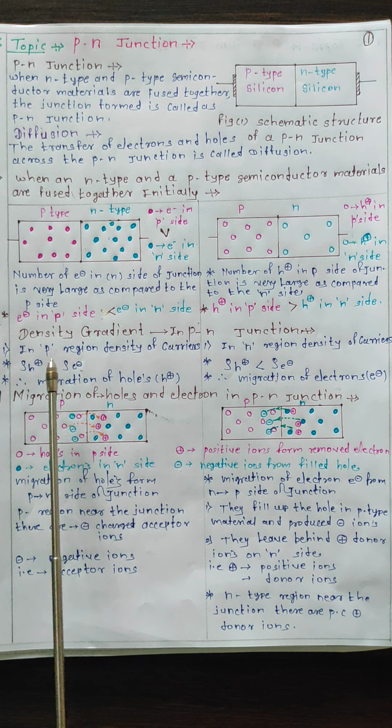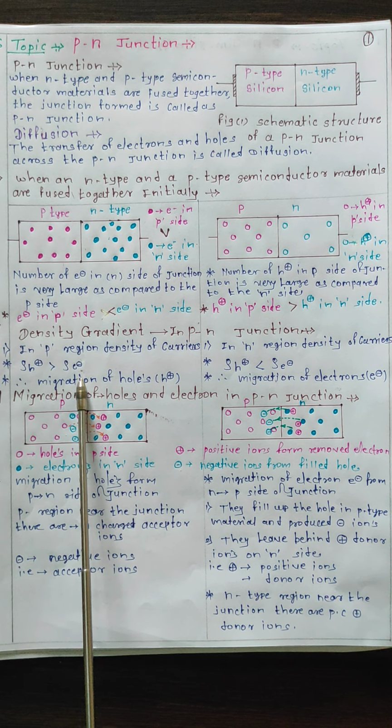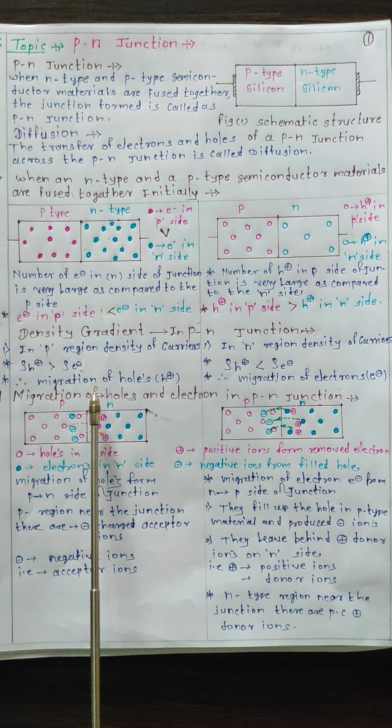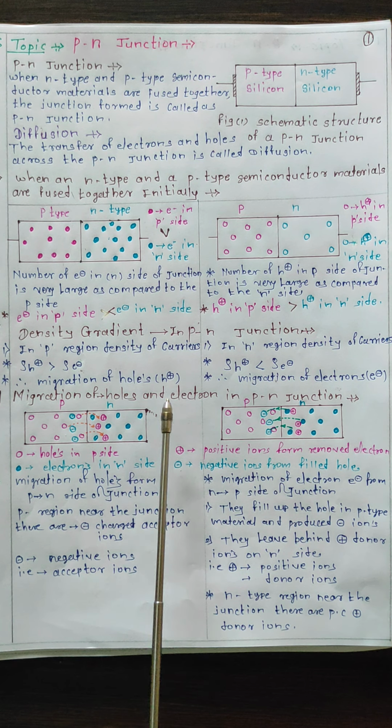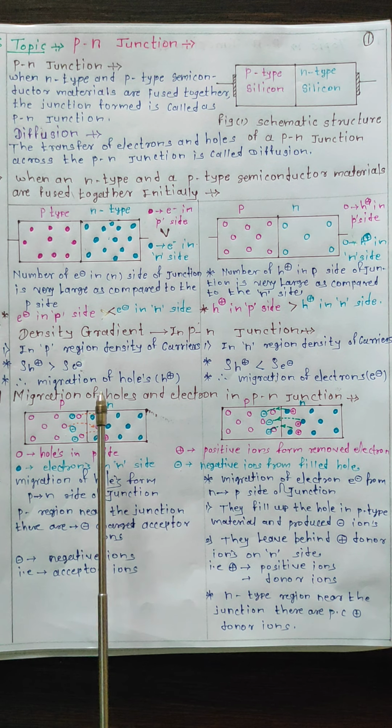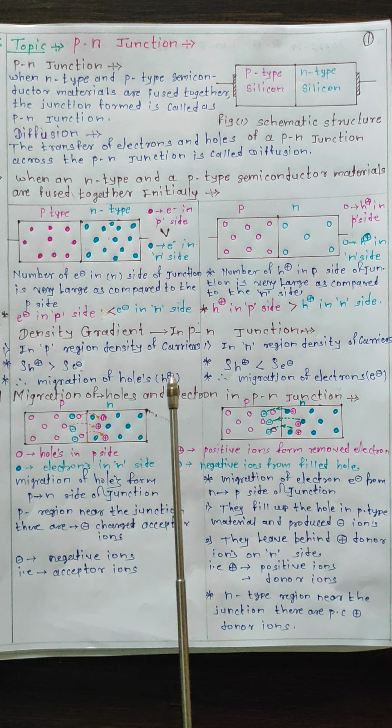Therefore the density of holes is greater than the density of electrons in the P region, and so a migration of holes will take place in that P region.